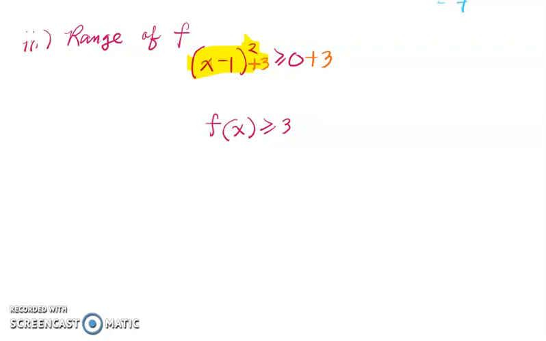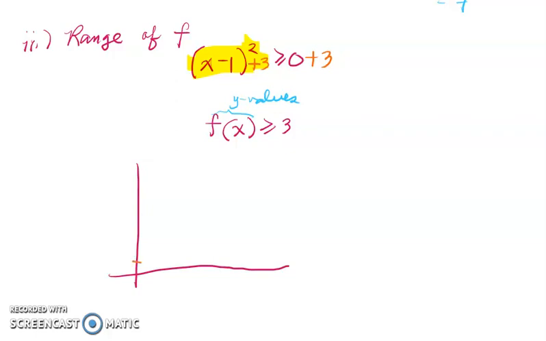So itong mga f of x, these are just y values, right? So if you draw the xy plane, no? So yung mga f of x, again, the f of x are just y values. These are yung mga output natin. So if we draw, i-draw natin, no?